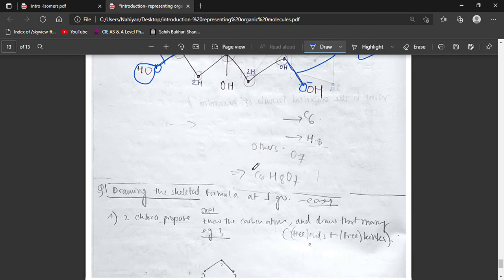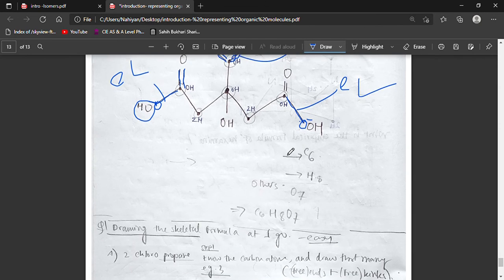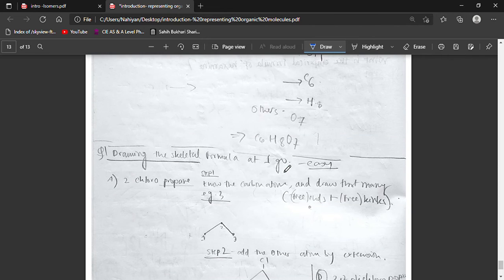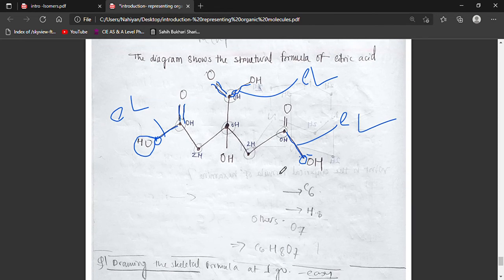Step one was to count the number of carbons. So we have one kink here, 1, 2, 3, 4, 5, and 6. We have 6 carbons.